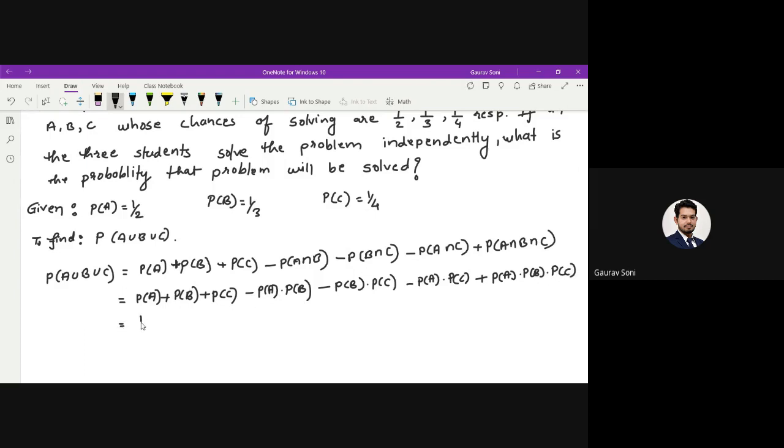Let's just put the values: 1 by 2 plus 1 by 3 plus 1 by 4 minus 1 by 6 minus 1 by 12 minus 1 by 8 plus 1 upon 24. So that is 29 by 32.